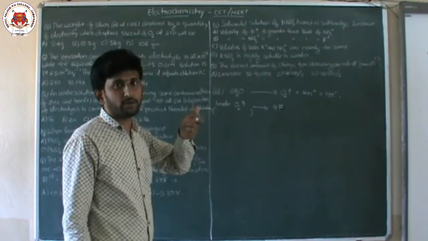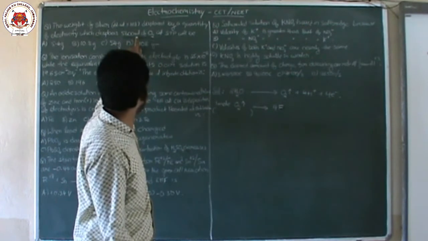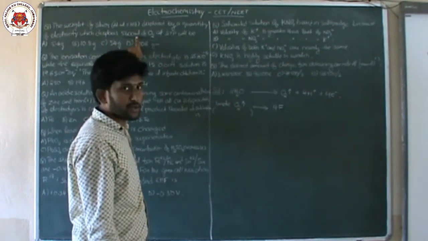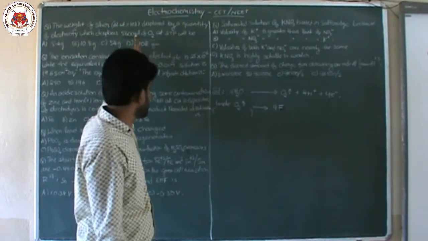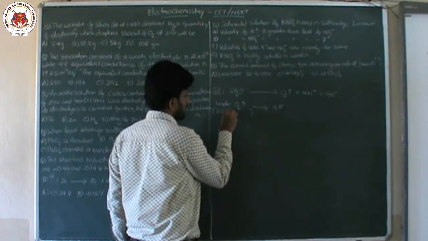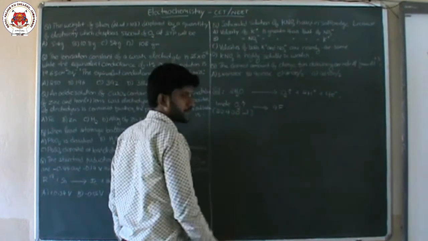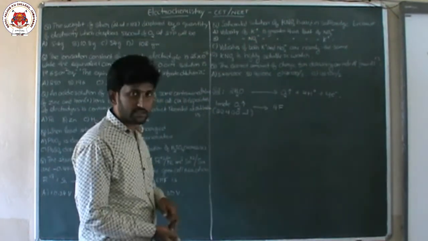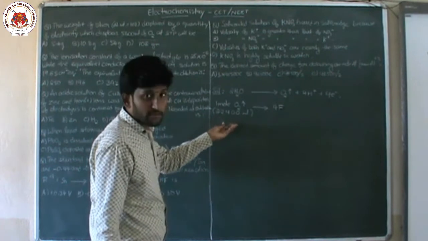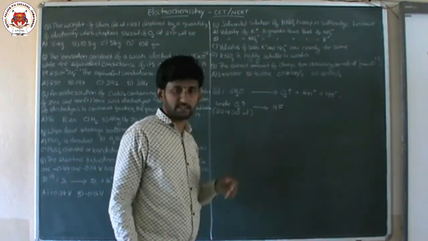I need to convert that to ml, because they have given ml, so it's easy for calculation. That is 22,400 ml for 1 mole. So for the displacement of 22,400 mL of oxygen, this much charge is involved.